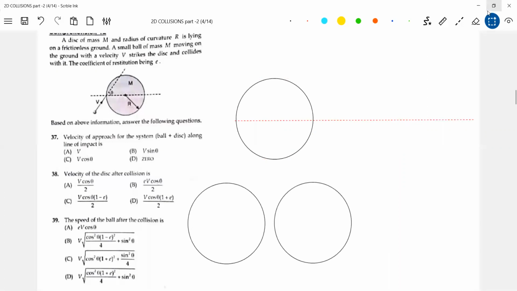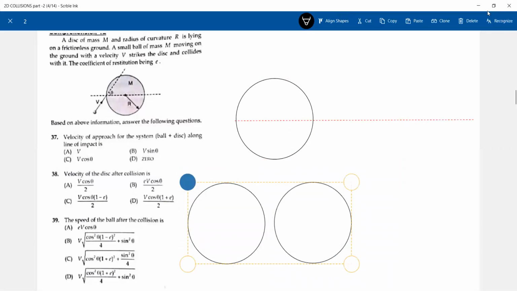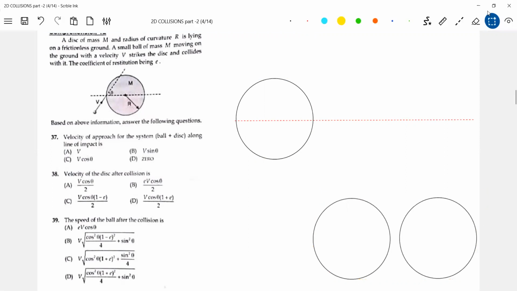Okay, there is a particle, it is approaching. There's a particle which will be moving with a velocity. So this is the theta.